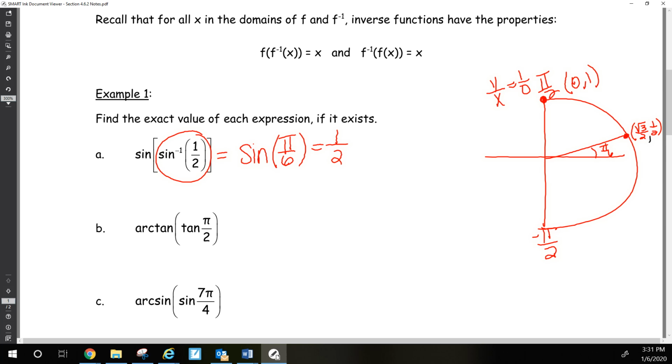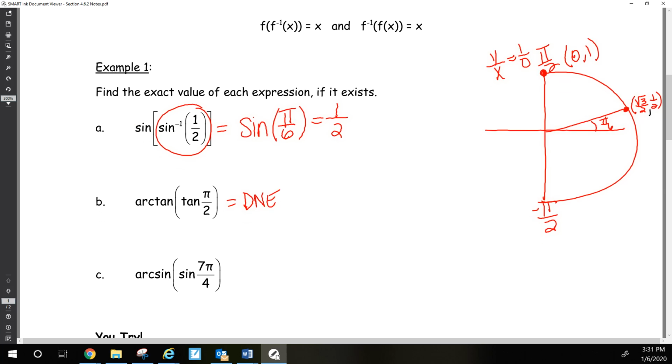Uh-oh, we're dividing by 0. Is that possible? No. What's happening at pi over 2 on the tangent graph? We have an asymptote there. So if we have an asymptote, we're not going to have a value. I can't find the arctangent of pi over 2, even though it looks very similar to this. Gut instinct is just to put in pi over 2. But because we're not defined here, this whole thing does not exist.